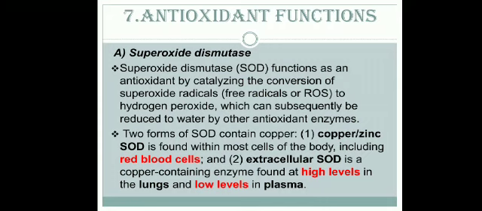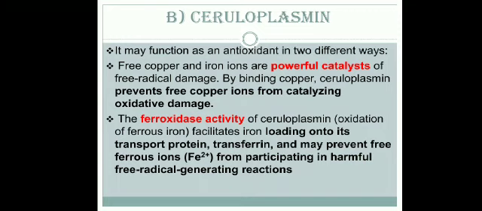The peroxidase activity of ceruloplasmin, that is oxidation of the ferrous ions, facilitates iron loading onto its transport protein transferrin and may prevent free ferrous ions from participating in harmful free radical generating reactions. Hence, its function as an antioxidant in our body is inevitable.